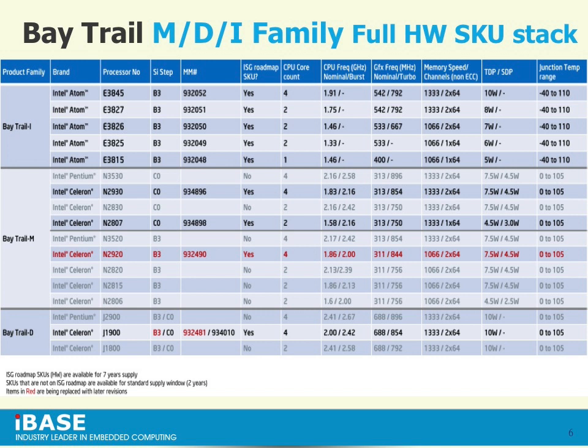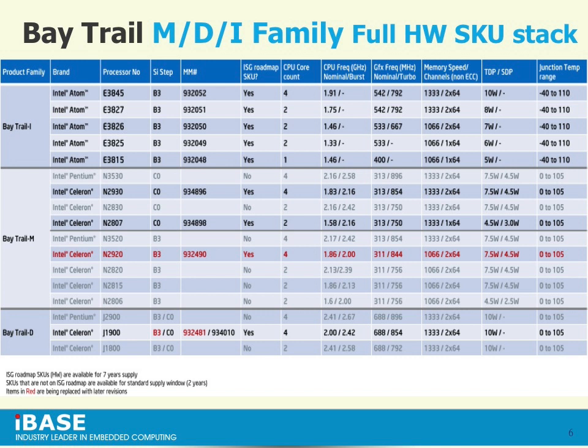If you look very carefully at the right-hand side, you will see the main difference is the junction temperature range. So the -I family, the spec is from -40 to 110 degrees C. There are 5 CPU models, 5 SKUs, listed on this slide.